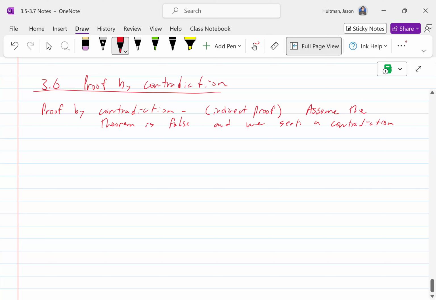We assume the conclusion is false and then we seek a contradiction.